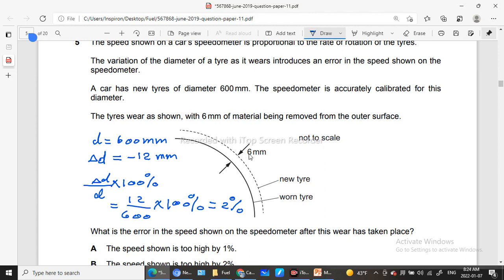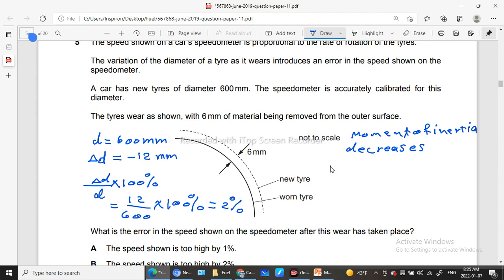Now when this part is removed, the dimensions of the tire decrease, so the moment of inertia decreases. When the moment of inertia decreases, the rate of rotation increases for the same torque that is given by the engine.